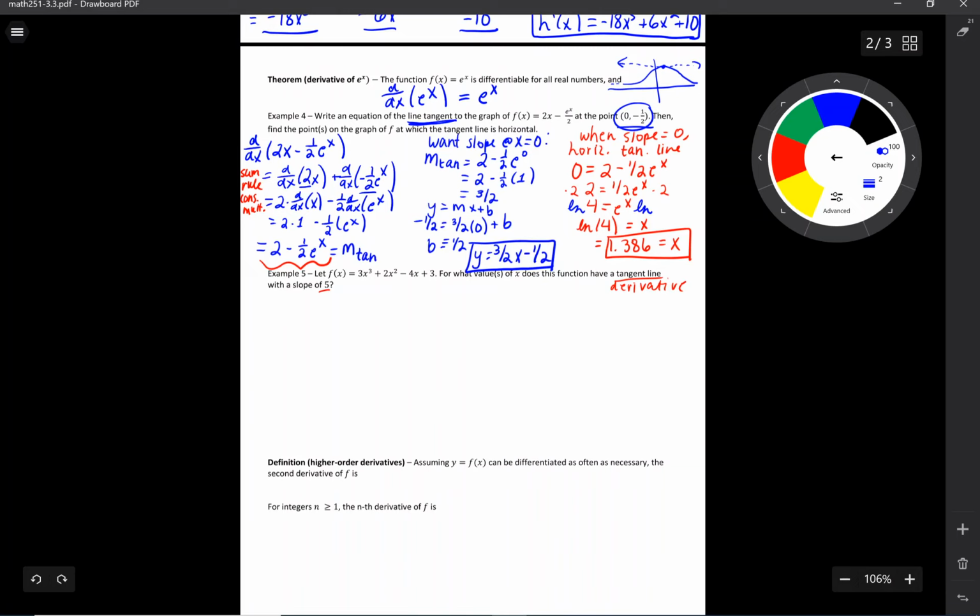So the derivative of f of x is equal to the derivative of 3x cubed plus 2x squared minus 4x plus 3. I can use the sum rule in order to split this into parts. So this is the derivative of 3x cubed plus the derivative of 2x squared plus the derivative of negative 4x plus the derivative of 3.